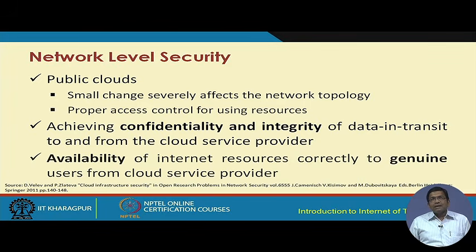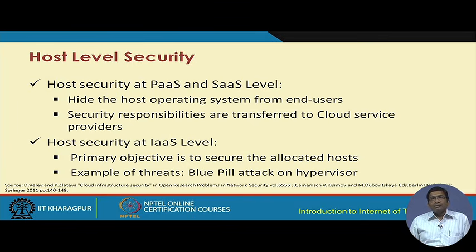So, at the network level, achieving confidentiality and integrity of data in transit, data flowing into the cloud and coming out of the cloud, has to be ensured by the cloud service provider. Availability of internet resources correctly to genuine users from the cloud service provider is another issue of concern at the network layer.